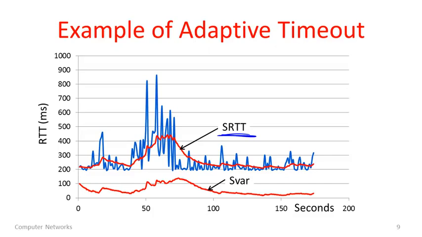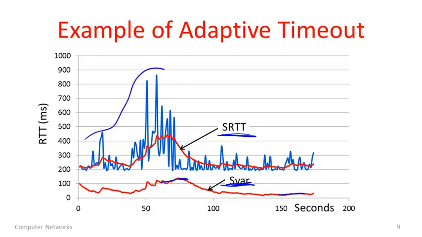This line down the bottom, S-var, is tracking the variance in the round trip time over time. You can see the variance is sometimes fairly low at the end here, but sometimes the variance jumps up and it's quite high, and this is when the signal is going up and down. So our estimator for the timeout is going to be the smooth round trip time plus 4 times the variance.